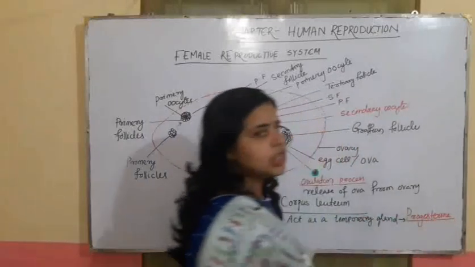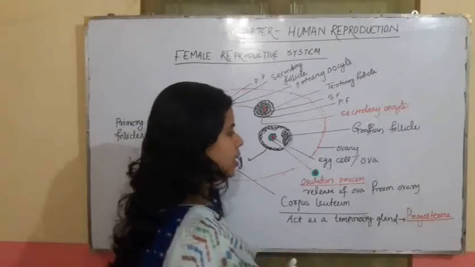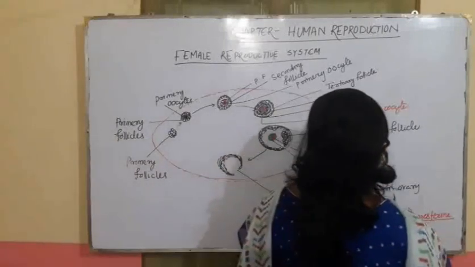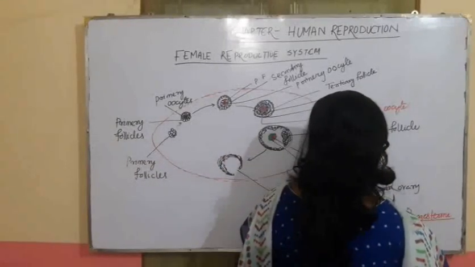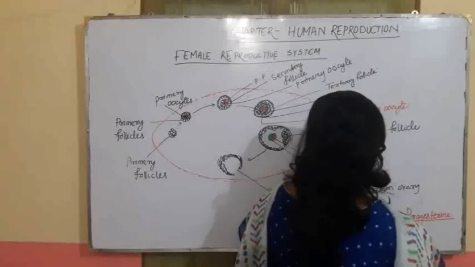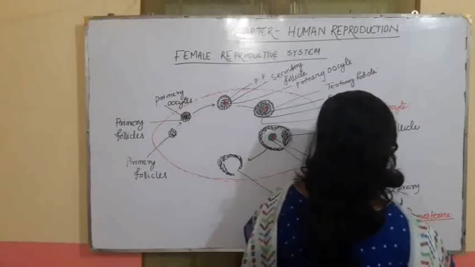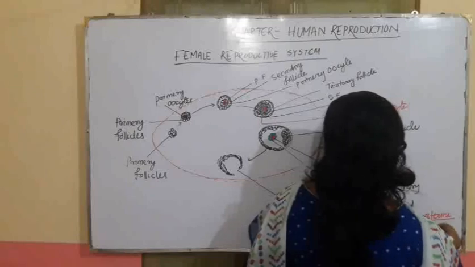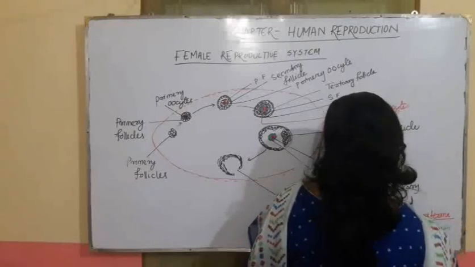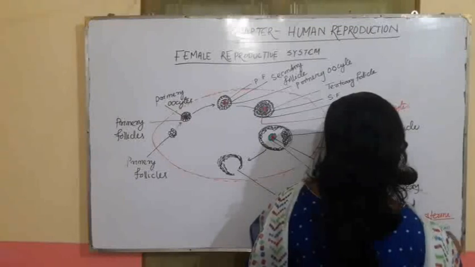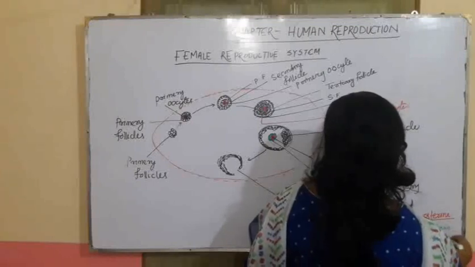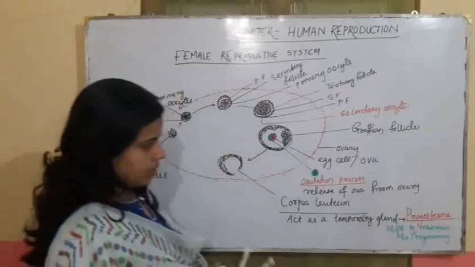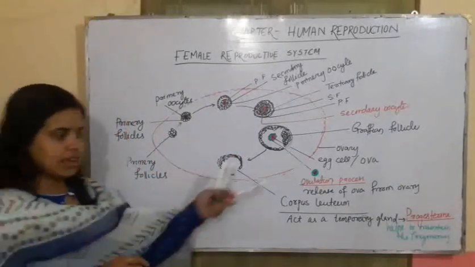And what is the function of the progesterone hormone? It helps to maintain the pregnancy. Okay, suppose the ova is released.